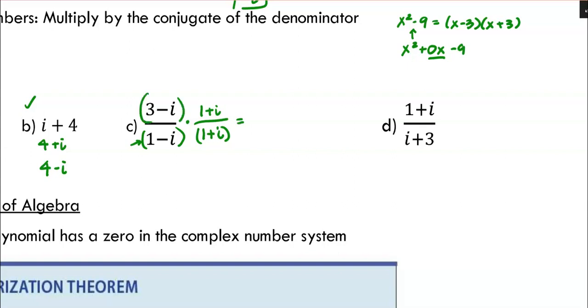So let's go ahead and multiply. So we have a 3, plus 3i minus i, and then a minus i squared. And then we have a 1 plus i minus i squared.